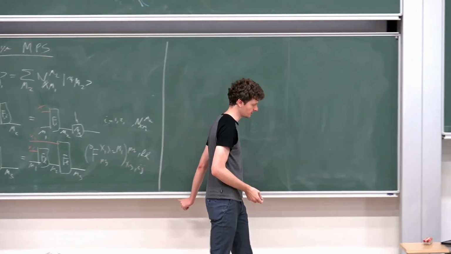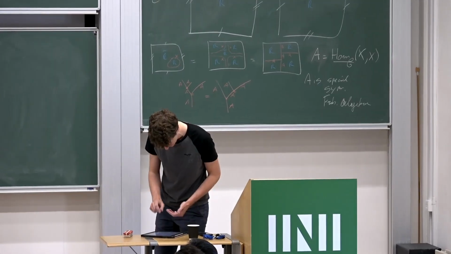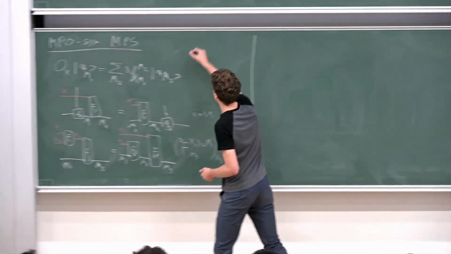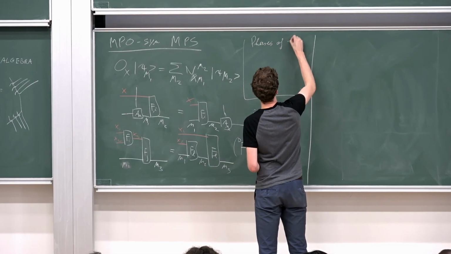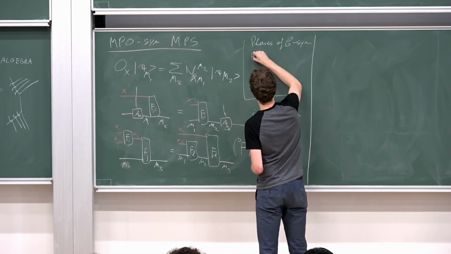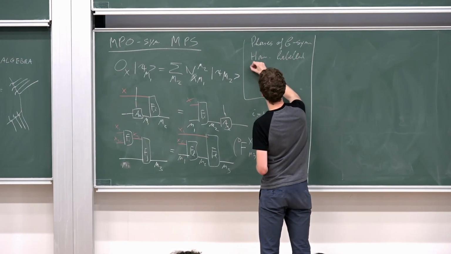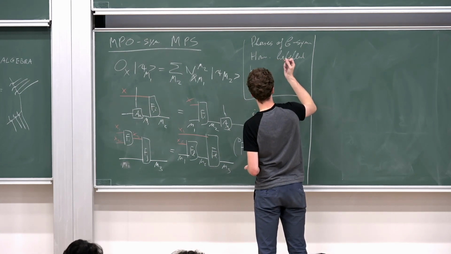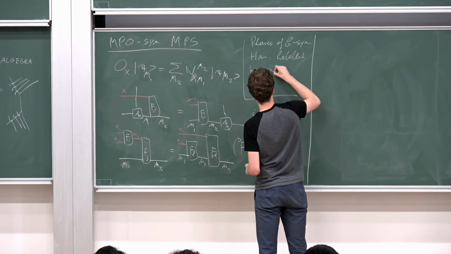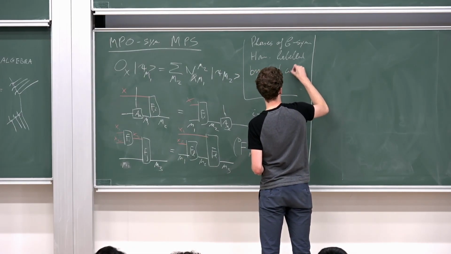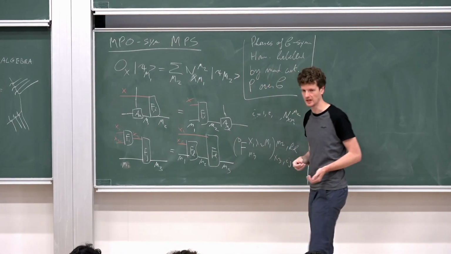So with this in hand, I finally have all the ingredients to make the points that I wanted to make in these lectures. Let me put here: phases of a C-symmetric Hamiltonian are labeled by module categories, which I'm going to call P. Module categories P over C. So P for phase, right?